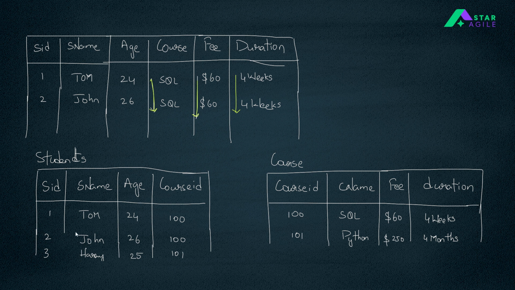Now if you observe the data here, in the students table we have certain data stored, and there is another table called course. I'm not interlinking them now.